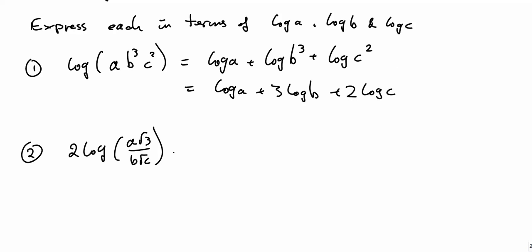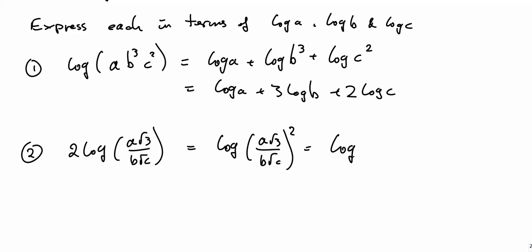And the second one here, 2 log of a root 3 over b root c. Well, the 2 in front becomes log of a root 3 over b root c, all squared, by the power rule.